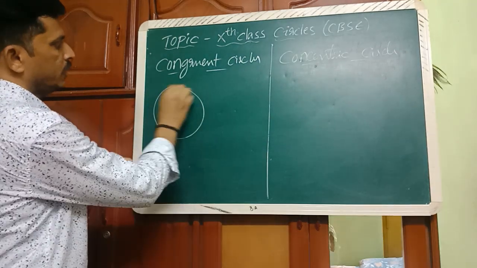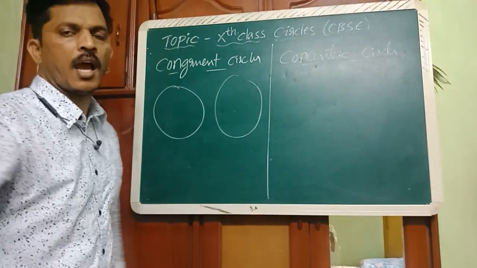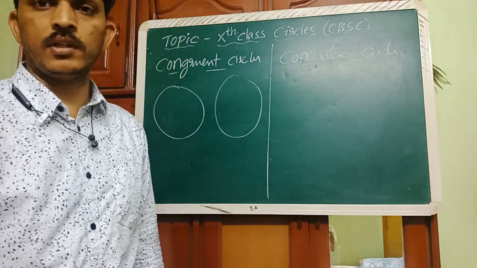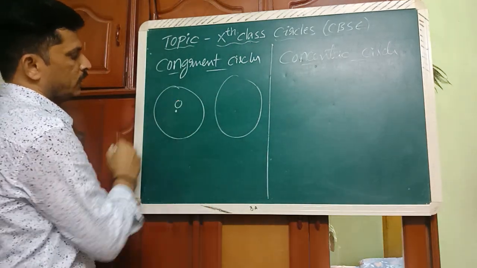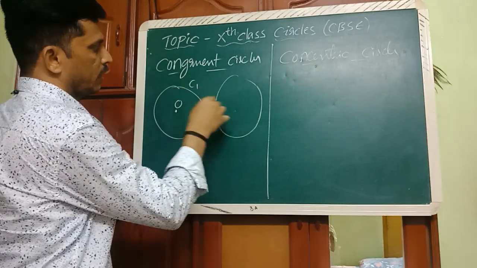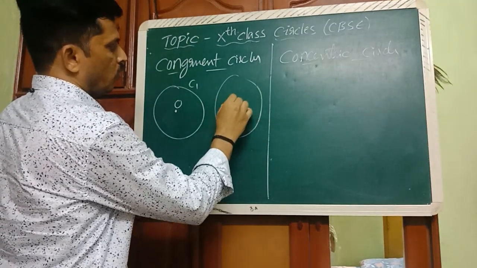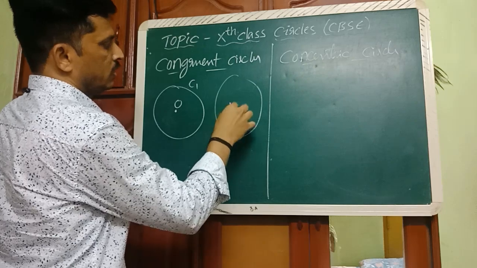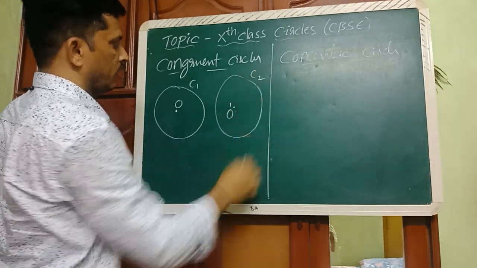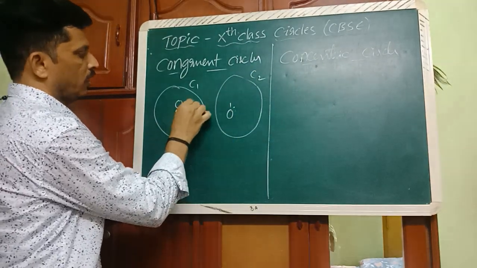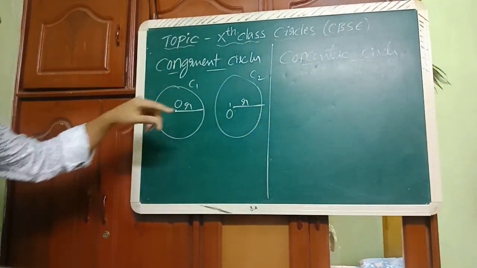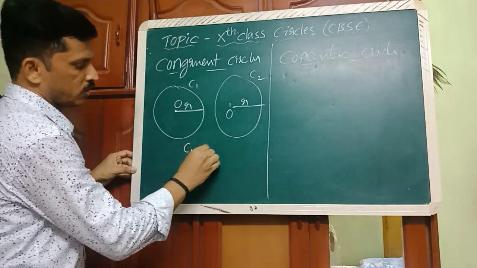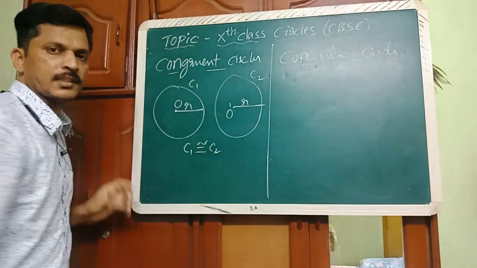If two circles have the same radii and two different centers. O is the center for this circle C1, O dash is the center of circle C2. This radius is R and this radius is R. So these two circles are congruent circles.